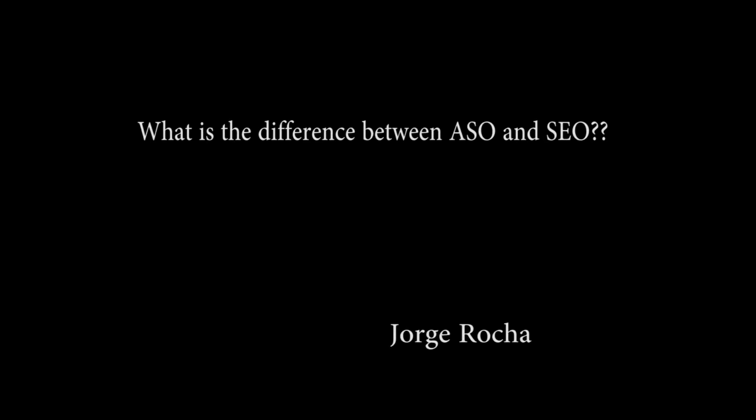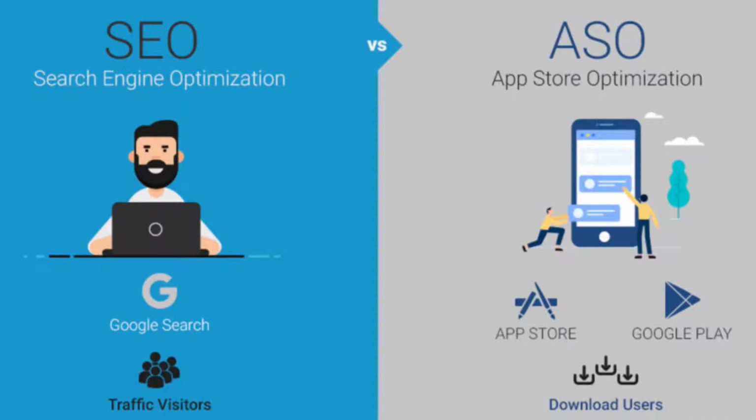What is the difference between ASO and SEO? ASO is often referred to as App Store SEO, Search Engine Optimization, but the process shares similarities like keyword optimization, backlinking, and conversion optimization. The main difference between App Store optimization and search engine optimization is the ranking factors, besides ASO being utilized for mobile apps, whereas SEO is for websites.